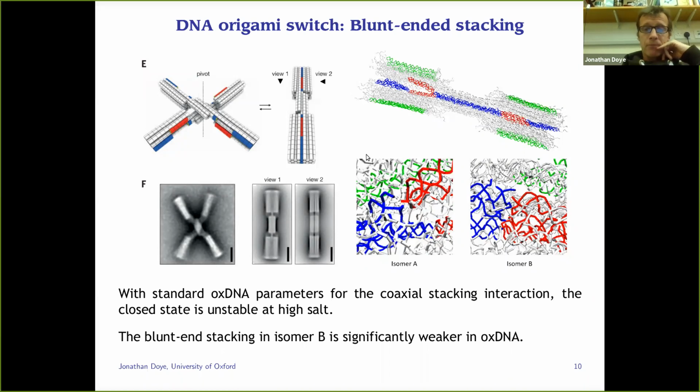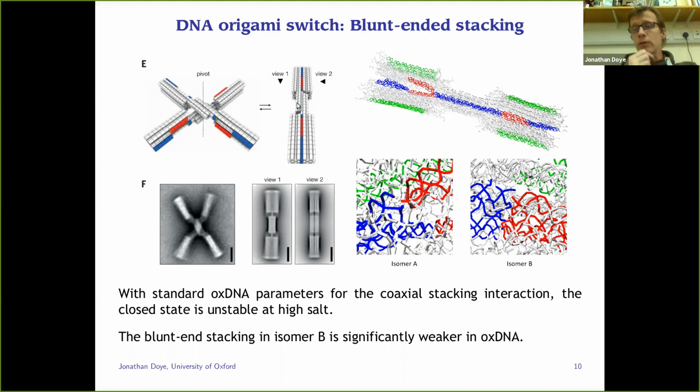And so this is that structure in its closed form in oxDNA, where we've highlighted these different regions, red and blue. But one of the issues is, if we pull it together to get it to assemble into the structure, and then we let it go, it will go into the open form, even at the salt concentrations one would expect it to be in the closed form.